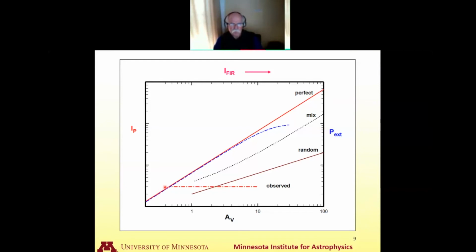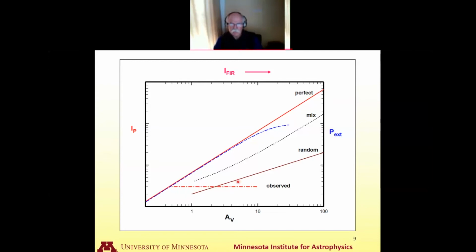As we go up in column density for a perfectly aligned magnetic field, the polarization in extinction saturates. You can never have more than 100% polarization in extinction. Whereas in the far infrared, the ratio of the polarized intensity to the total intensity, which is the fractional polarization, stays the same. Now that eventually will also turn over when you get optically thick in the far infrared, but that's only under certain circumstances.